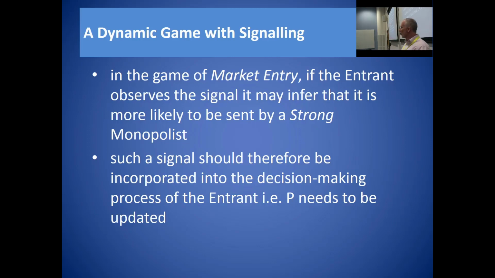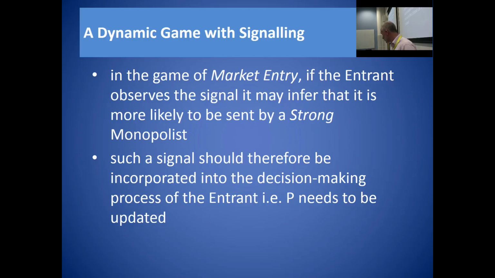So what does this mean? Well, it means that when the entrant is thinking whether it enters the market or not, it needs to look: have I received this signal or not? Have I seen this signal? Because if it has, that information then needs to be incorporated into its decision-making process. Because if that signal is received, it means that the monopolist is more likely to be strong.